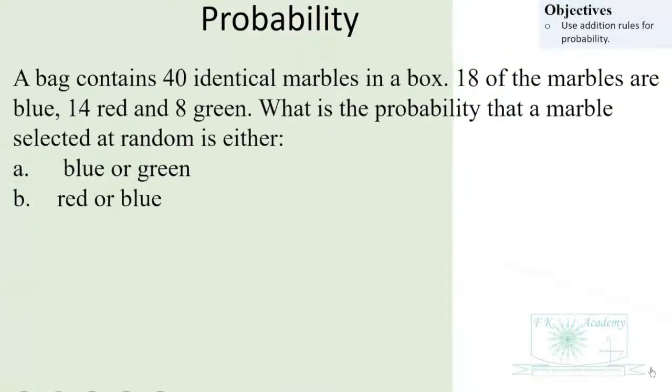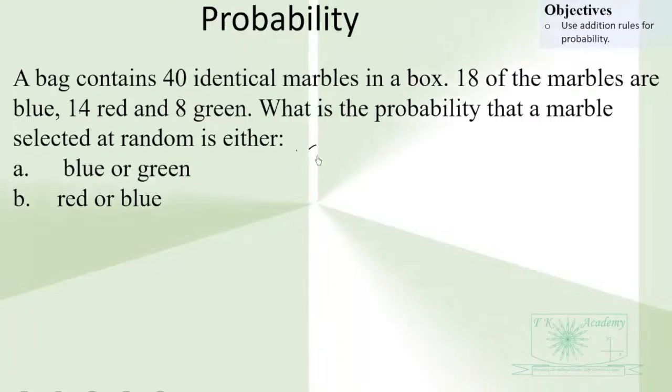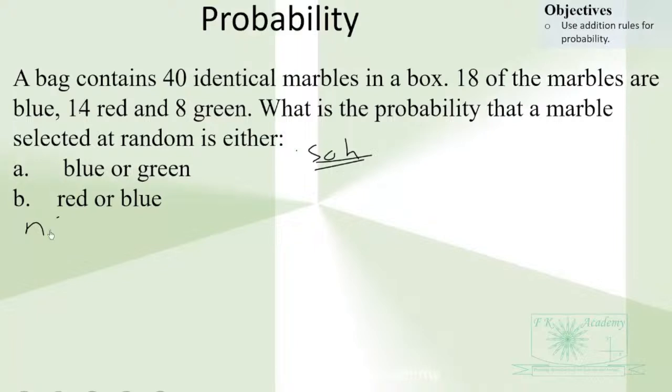A bag contains 40 identical marbles in a box. 18 of the marbles are blue, 14 red, and 8 green. What is the probability that a marble selected at random is either blue or green? So over here we have the sample space. The number of elements in the sample space is 40.